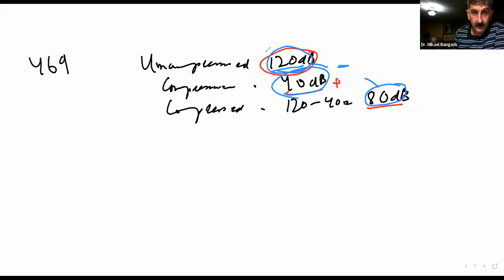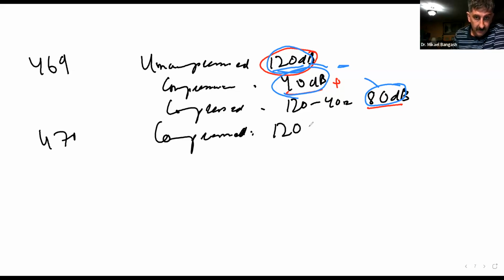I guess that's what they just did in the following question. Let's see what it says. A signal with a 120 decibel dynamic range was previously compressed by 40 decibels. So the compressed signal is already compressed, but it has a dynamic range of 120 decibels, where the degree of compression was 40 decibels.